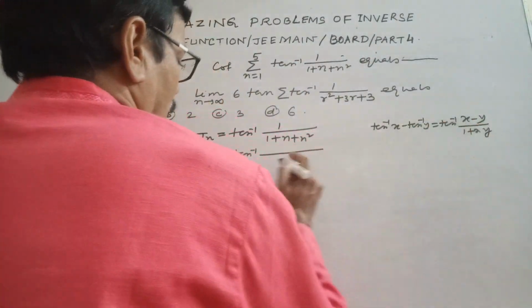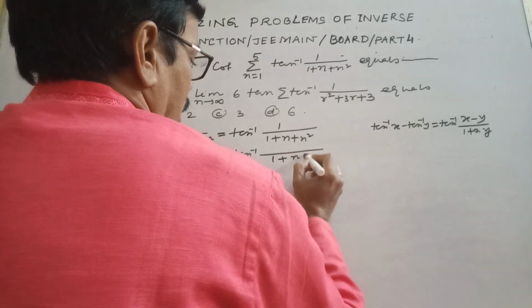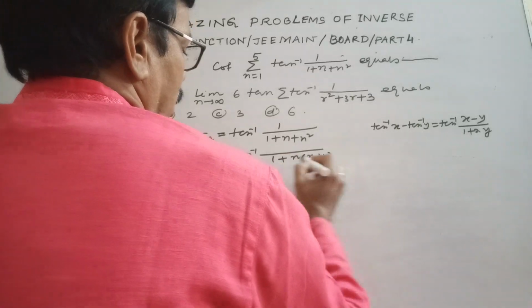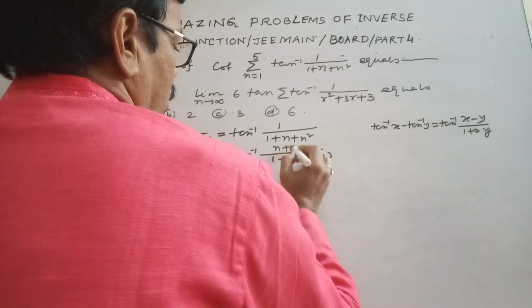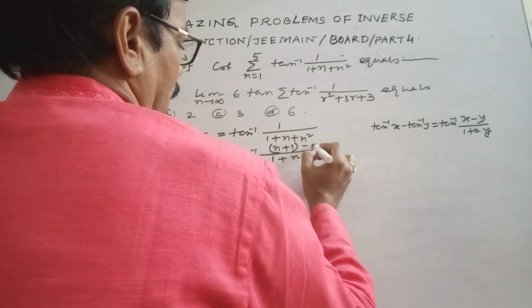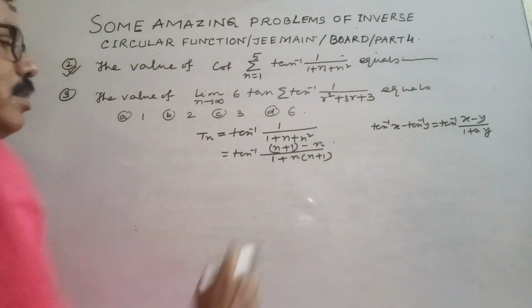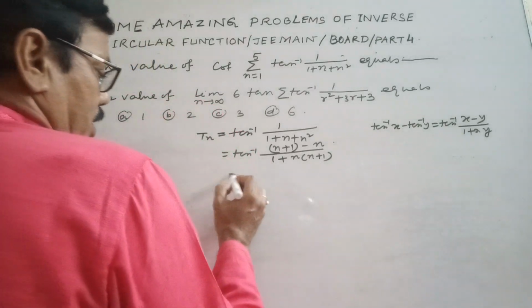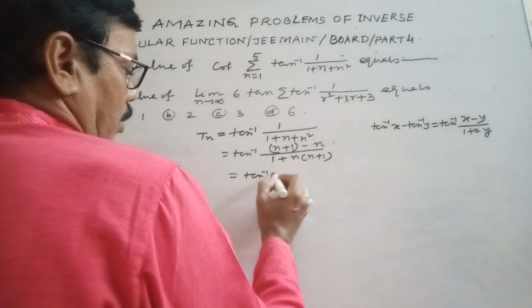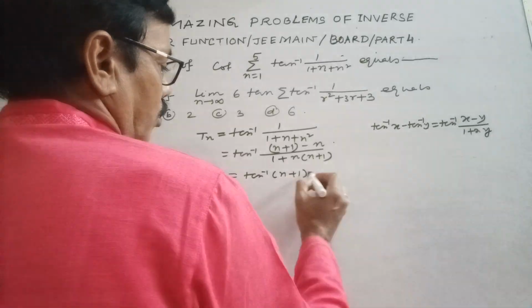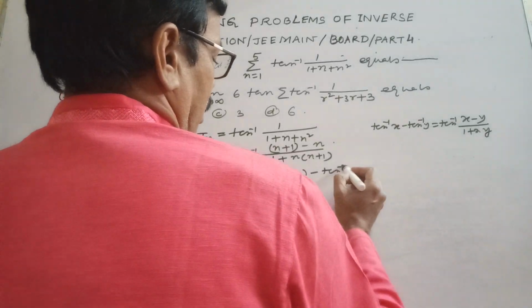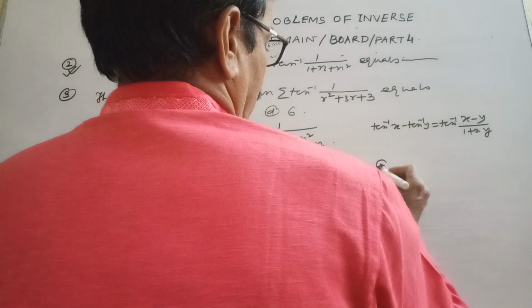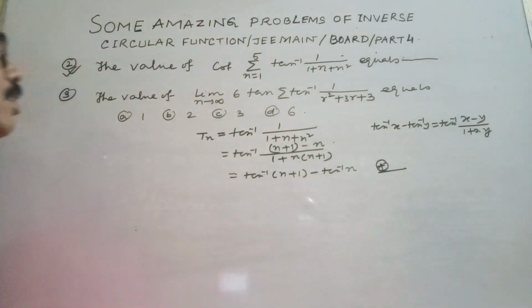So this is 1 plus xy, and we can write n common n plus 1, and for the numerator we can write it as n plus 1 minus n. So this is equal to tan inverse (n plus 1) minus tan inverse n. This is to be noted.